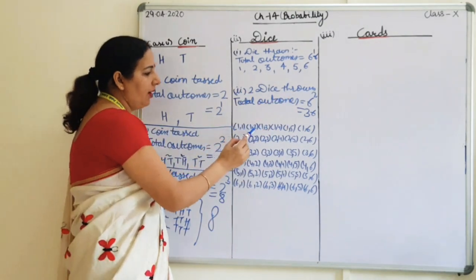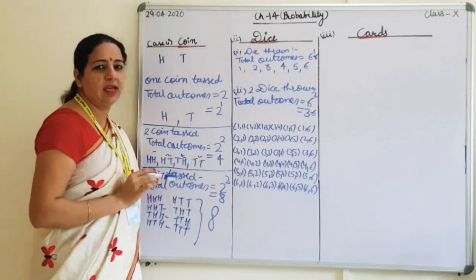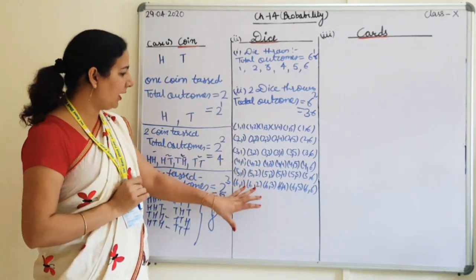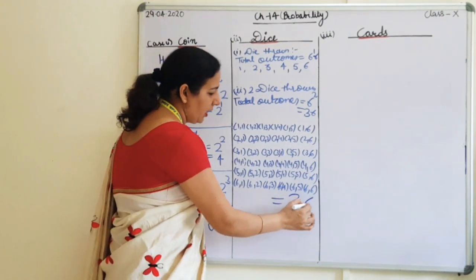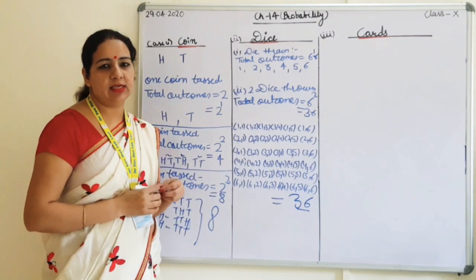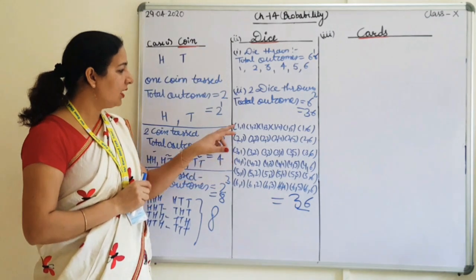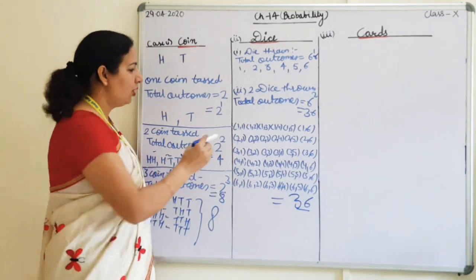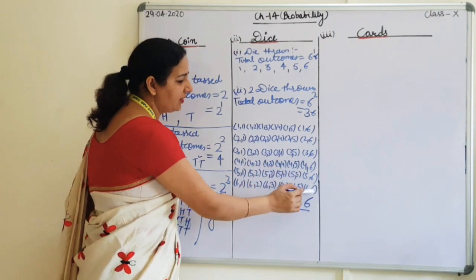They can be 1,1; 1,2; 1,3; 1,4; 1,5 and 1,6 and so on. So total outcomes are 36. Now the question can be, what is the probability of getting doublets? Doublet means the same number on both dice. So 1,1; 2,2; 3,3; 4,4; 5,5; 6,6.